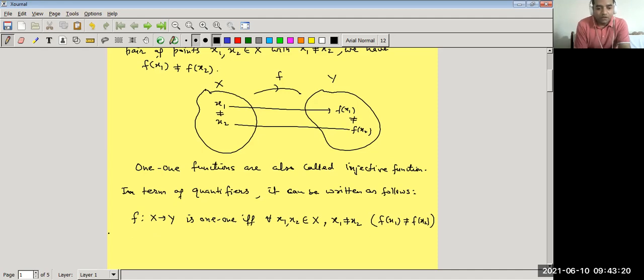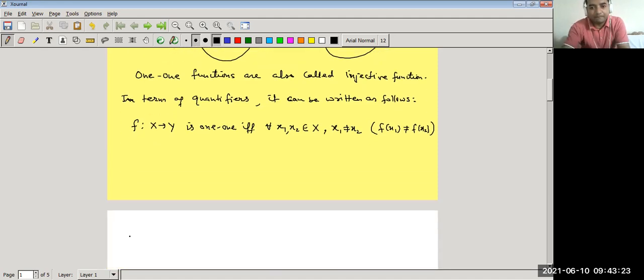So let us discuss one example. Or how we can say the function is not one-one. If f is a mapping from x to y, x and y are two non-empty sets, and f is not one-one, then instead of for all, because when we take the negation, negation of for all is there exists.